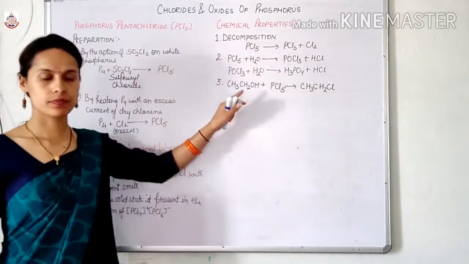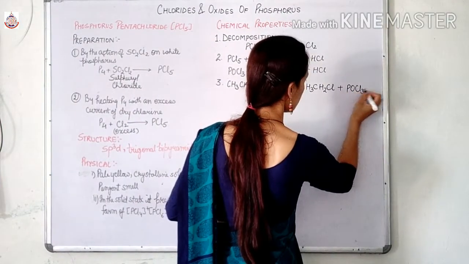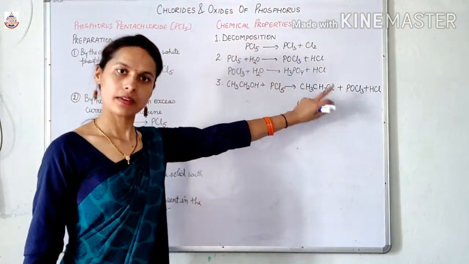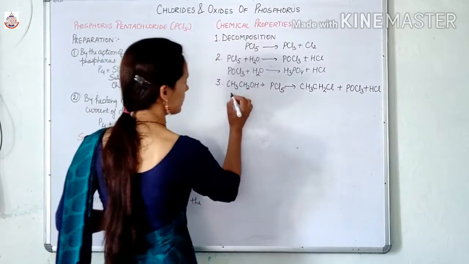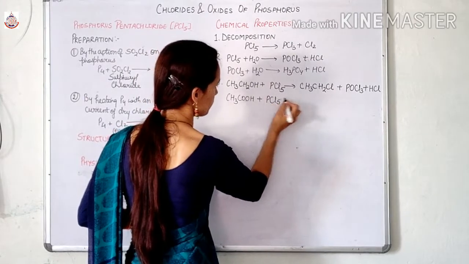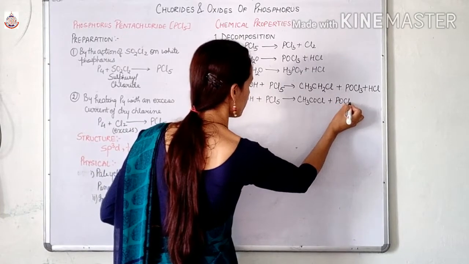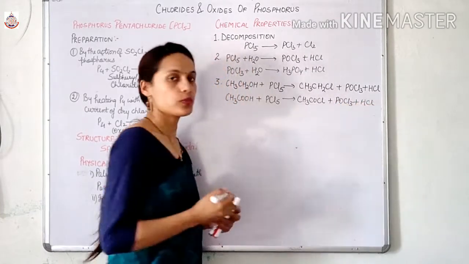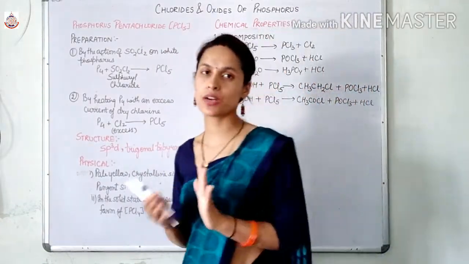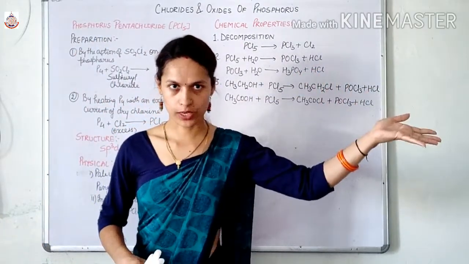The main product is the same, but the byproducts are POCl3 plus HCl. Similarly, CH3COOH, when it reacts with PCl5, the main product is the same, that is CH3COCl, plus the byproducts POCl3 plus HCl. So we get different byproducts when we take PCl3 or PCl5, but the main products are the same, that is the substituted product in which OH is replaced by chlorine.